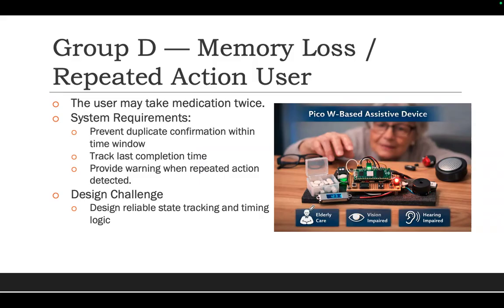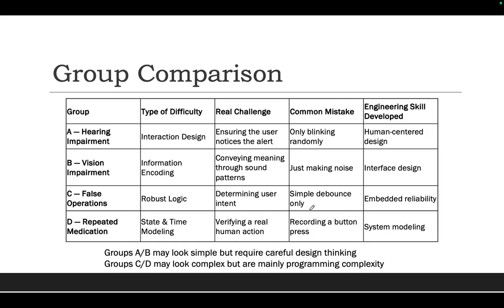Let's compare. Group A is hearing impairment, B is vision impairment, C is false operation, D is repeated medication. Different groups have different types of difficulty: A is interaction design, B is information encoding, C is robust logic, and D is state and time modeling.